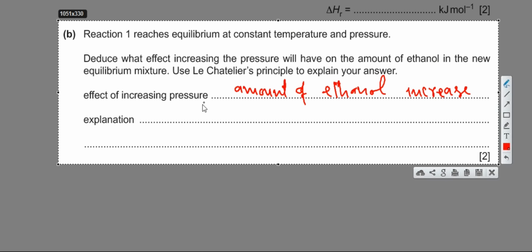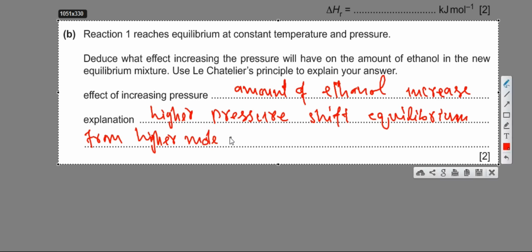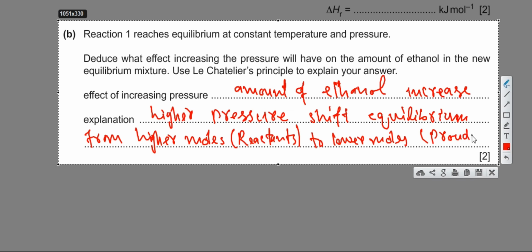Now what's the reason behind? As I discussed, higher pressure shifts equilibrium from higher moles, you may write in bracket reactants, to lesser moles or to lower moles, which is product, and that will result in formation of products.